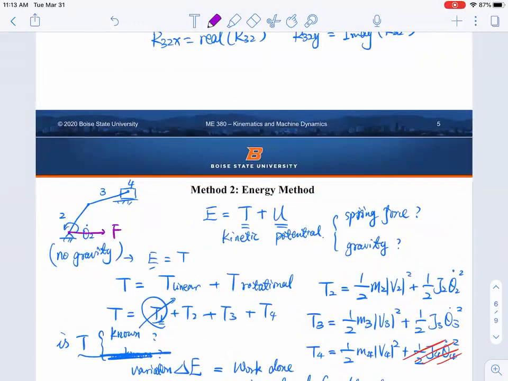Your F12 X, that's an external force. Your F12 Y, another external force. We have a T input, that's your external torque. You also have a supporting force there, that's F14 Y. 1, 2, 3, 4. We actually have four external forces and torque.